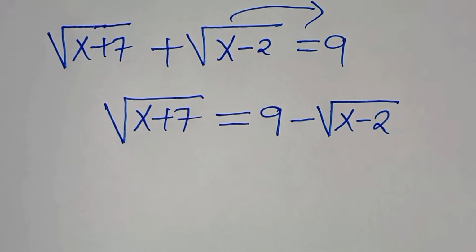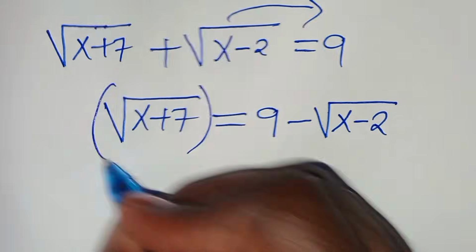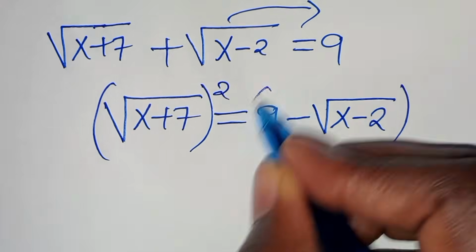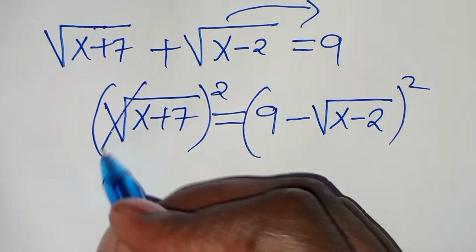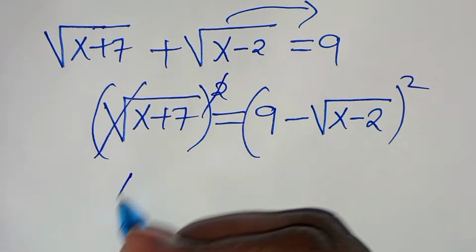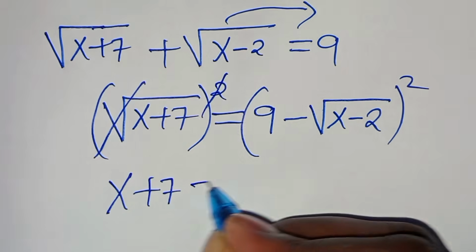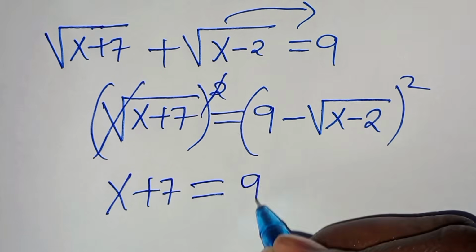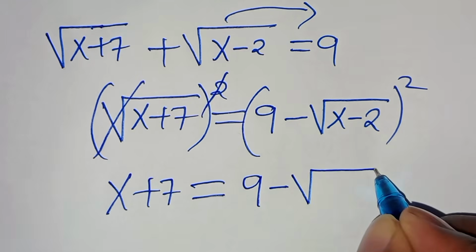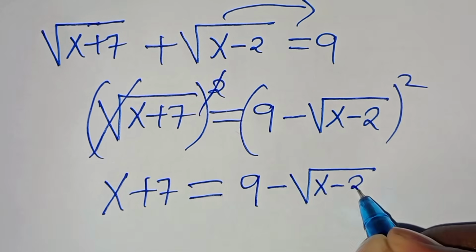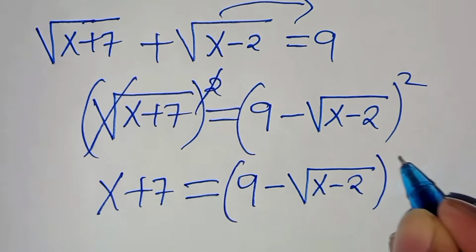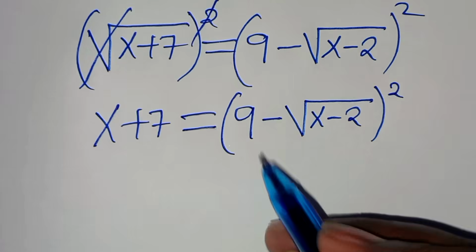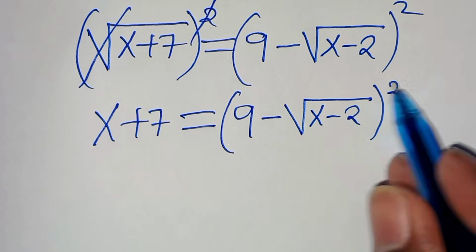So the next step is to square both sides, so that we eliminate the square root sign, and we have x plus 7 is equal to 9 minus the square root of x subtract 2, everything raised to the power of 2.